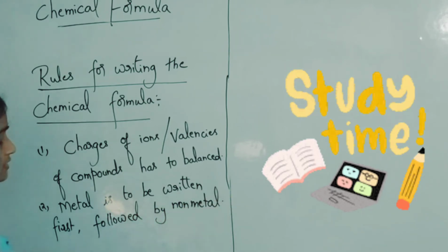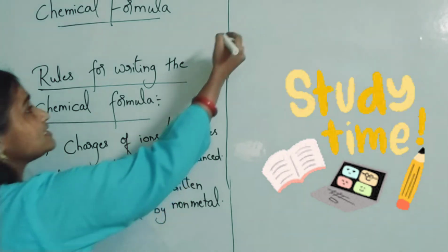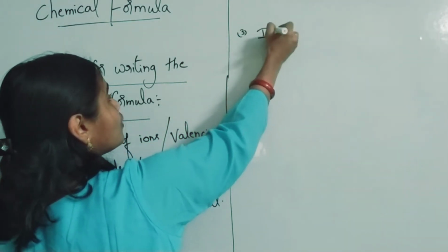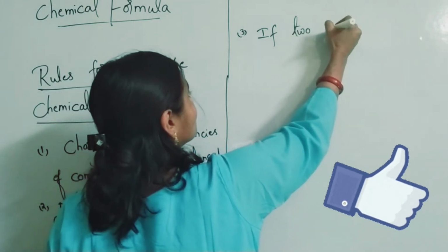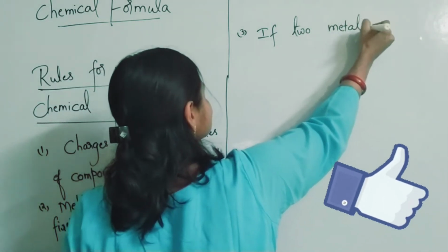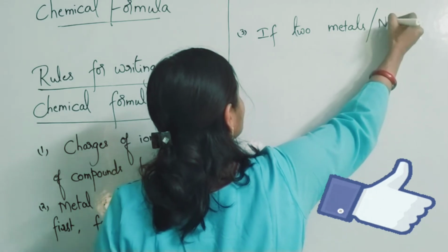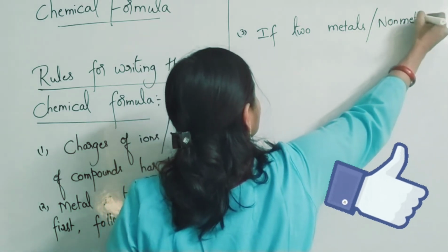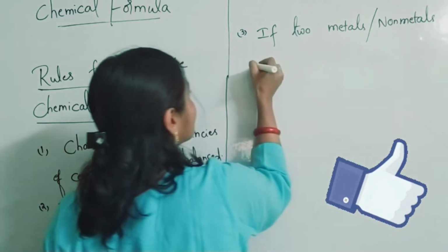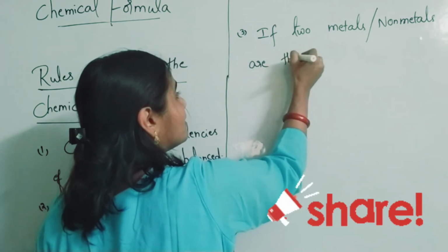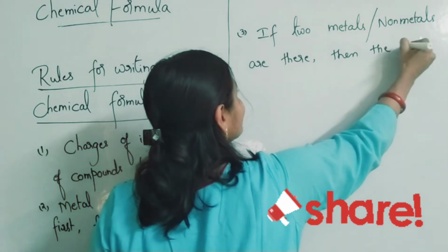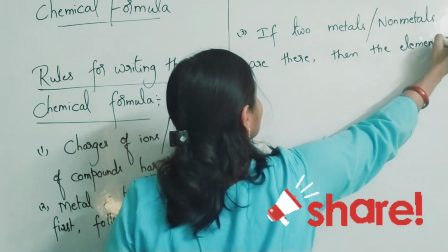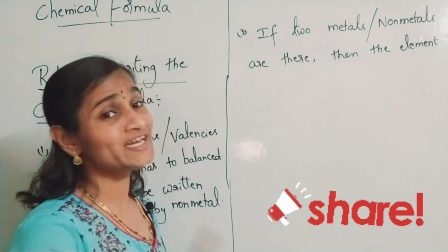This is one thing. And the next thing is, if two non-metals are there in any compound, then the element with lower atomic number has to be written first.